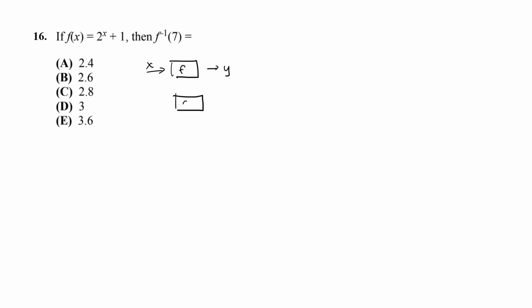The inverse function will tell us, if we give it y, the answer we want, it will give us x. So basically, this 7 here is the output of the original function. So it's asking us at what x will f of x equal 7, right?